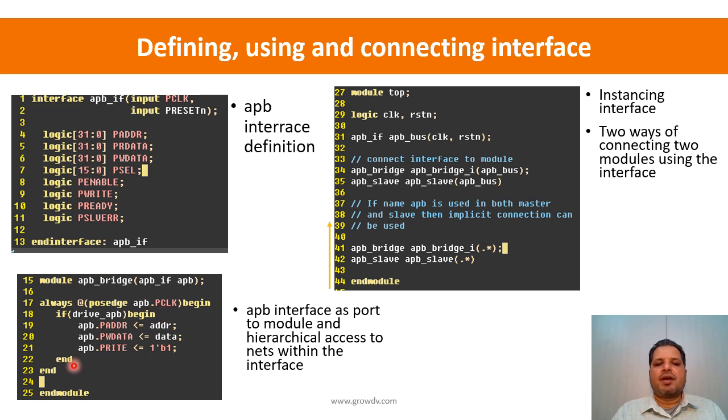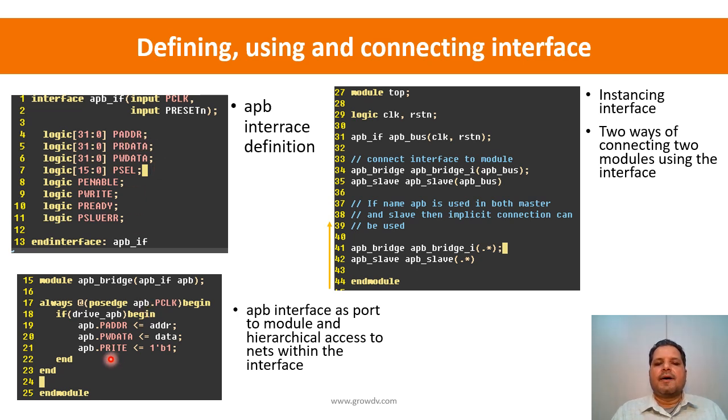So this is a way you can actually build the RTL. You can say apb.paddr equal to whatever internal variables you have, right? So you can access the name of the interface dot the signals or the variables that you have declared. So that's how you use the interface. Note that we have not yet introduced the concept of modport over here.